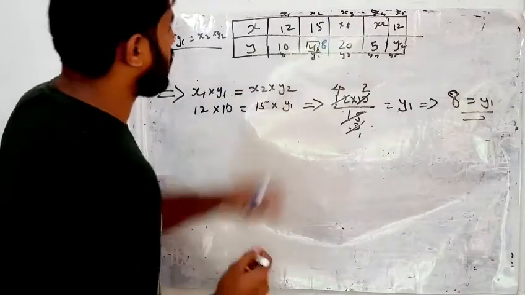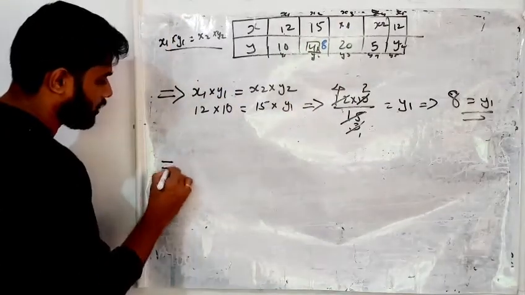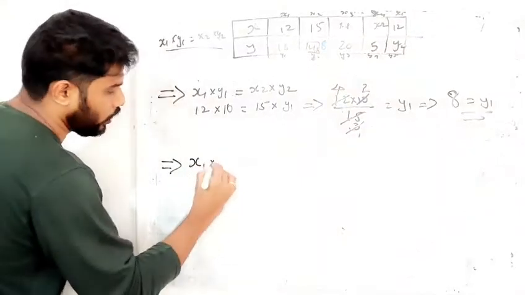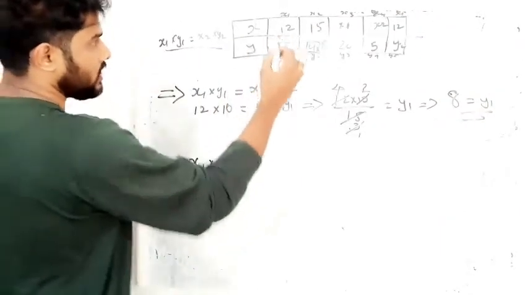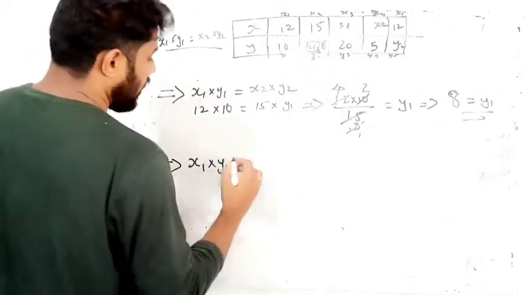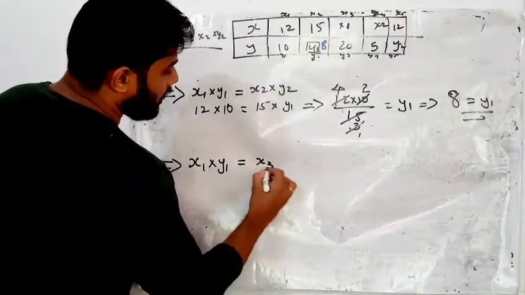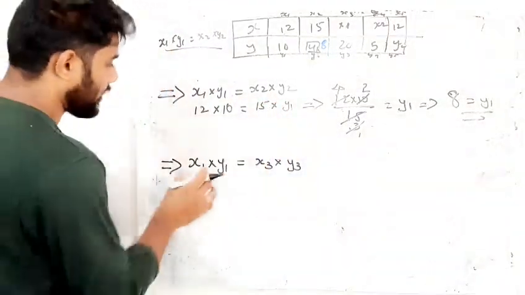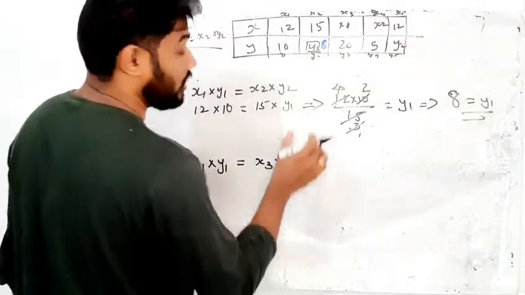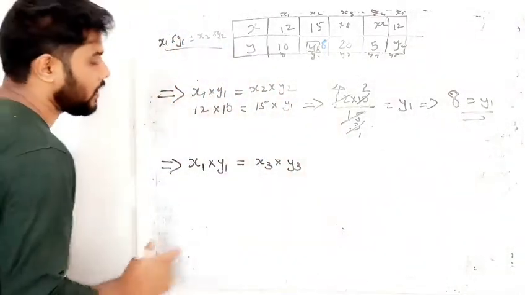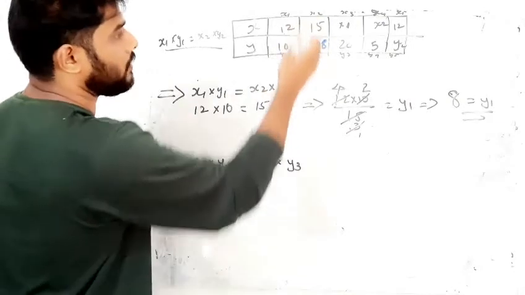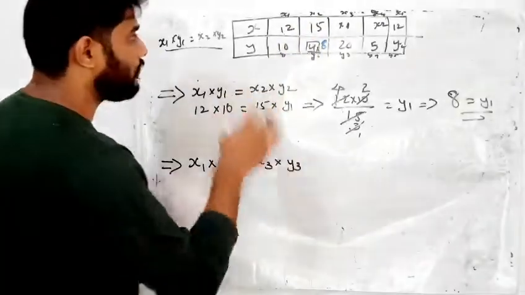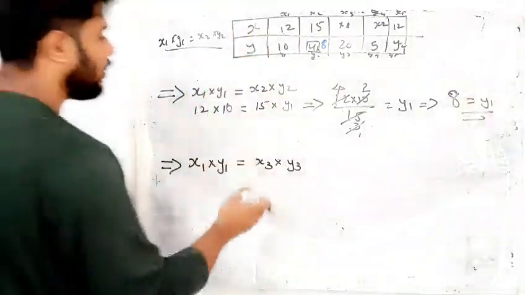Clear? Now next, we have to find out x1. How can we find it? Same equation. How is the equation? x1 into y1, if it is inverse proportion, is equal to x3 into y3. In the question they already said these two variables are varying inversely, so we can apply this equation.